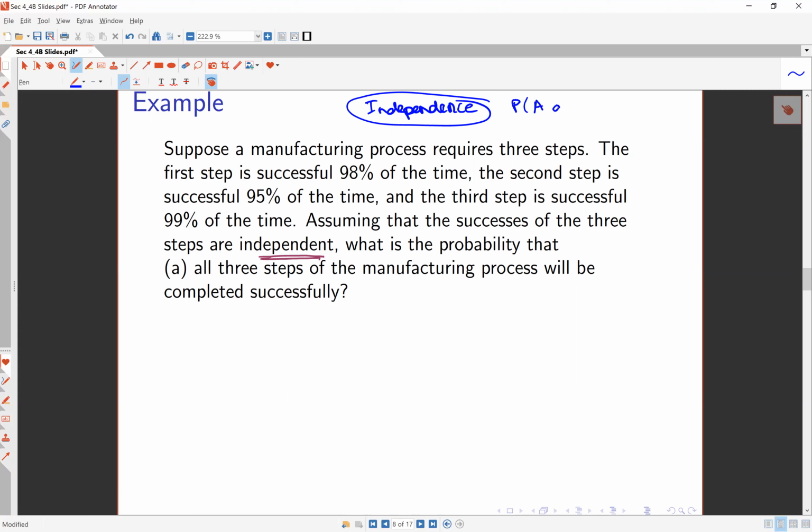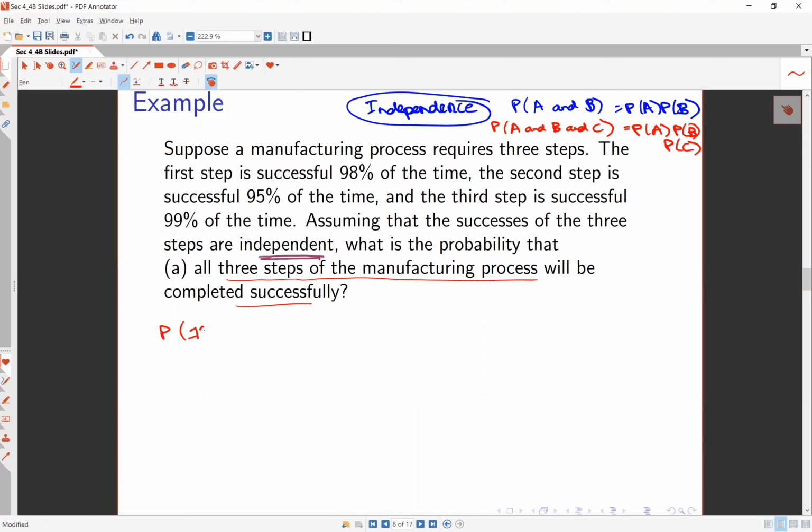So the probability of A and B just becomes the probability of A times the probability of B. And it extends to multiple events. So if you had the probability of A and B and C, it just becomes the product of those 3 probabilities. And that's exactly what we're trying to calculate here, the probability that all 3 steps will be successful.